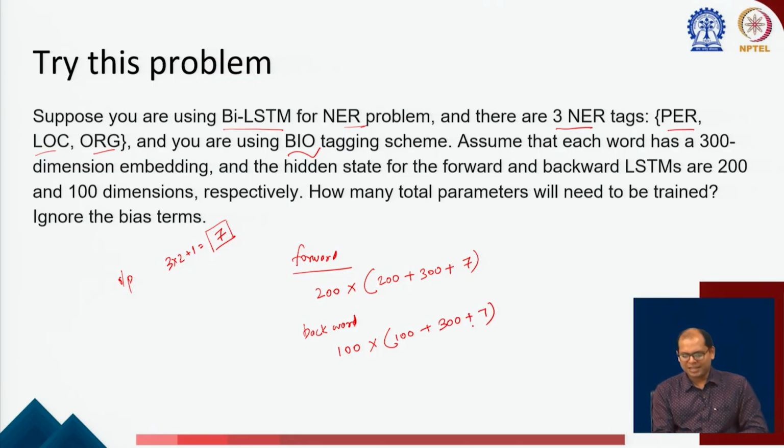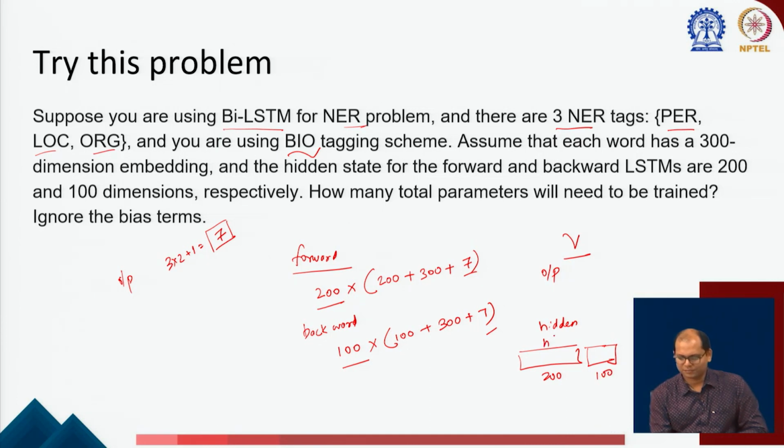So why am I doing that? Because for output you will concatenate this and this. So 200 plus 100, a 300 dimension vector will go to the output. So the V matrix from hidden to output will be 200 from forward and 100 from backward for the same position, so 300 times 7, right?